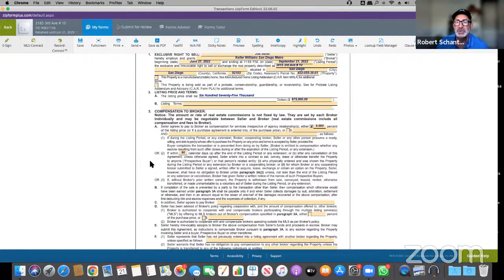And this person has to have physically entered and been shown the property during the listing period or any extension, or a cooperating broker, or for whom broker and any other cooperating broker submitted to seller a signed written offer to acquire, lease, exchange, or obtain the property. Seller shall have no obligation under paragraph 3A2 unless, not later than the end of the listing period or an extension or cancellation, broker has given seller a written notice with the names of such prospective buyers.